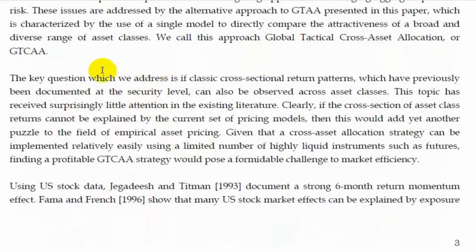And so what they want to find by doing this approach is to see if the cross-sectional return patterns can be documented across the asset classes rather than just at the security level, which has been done in the past. So they note that if they can find a profitable strategy by using this allocation approach, it will certainly be a big challenge to market efficiency.